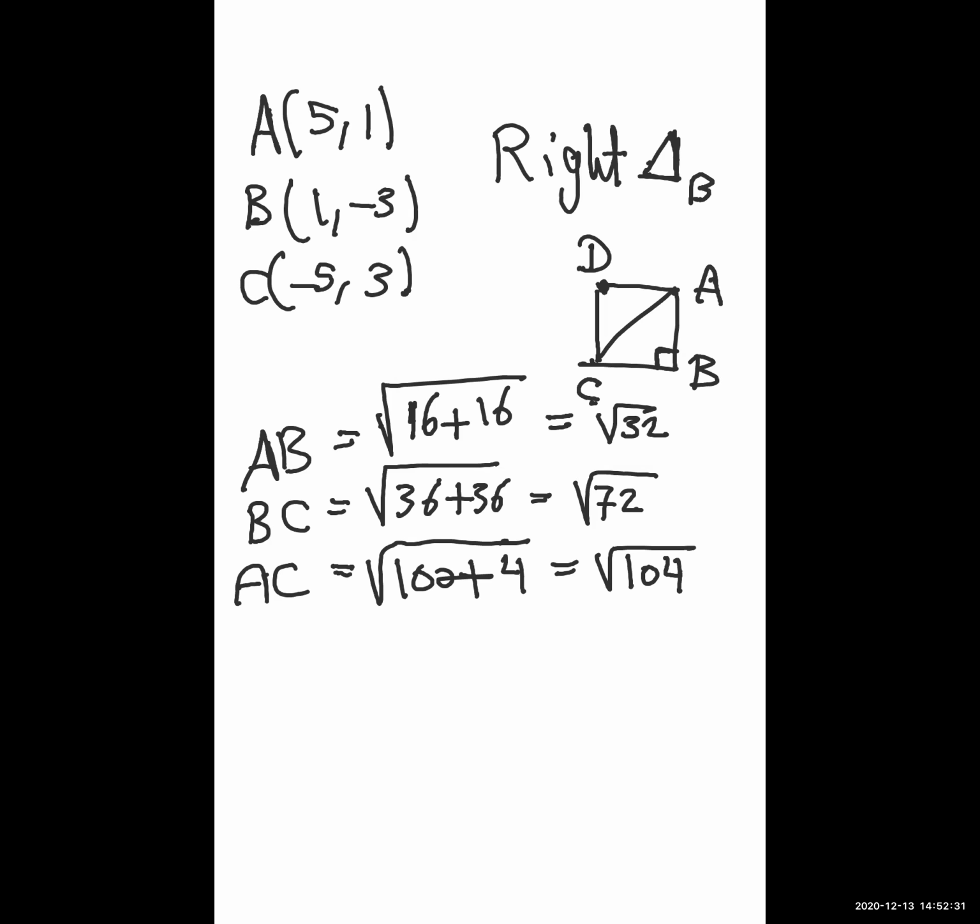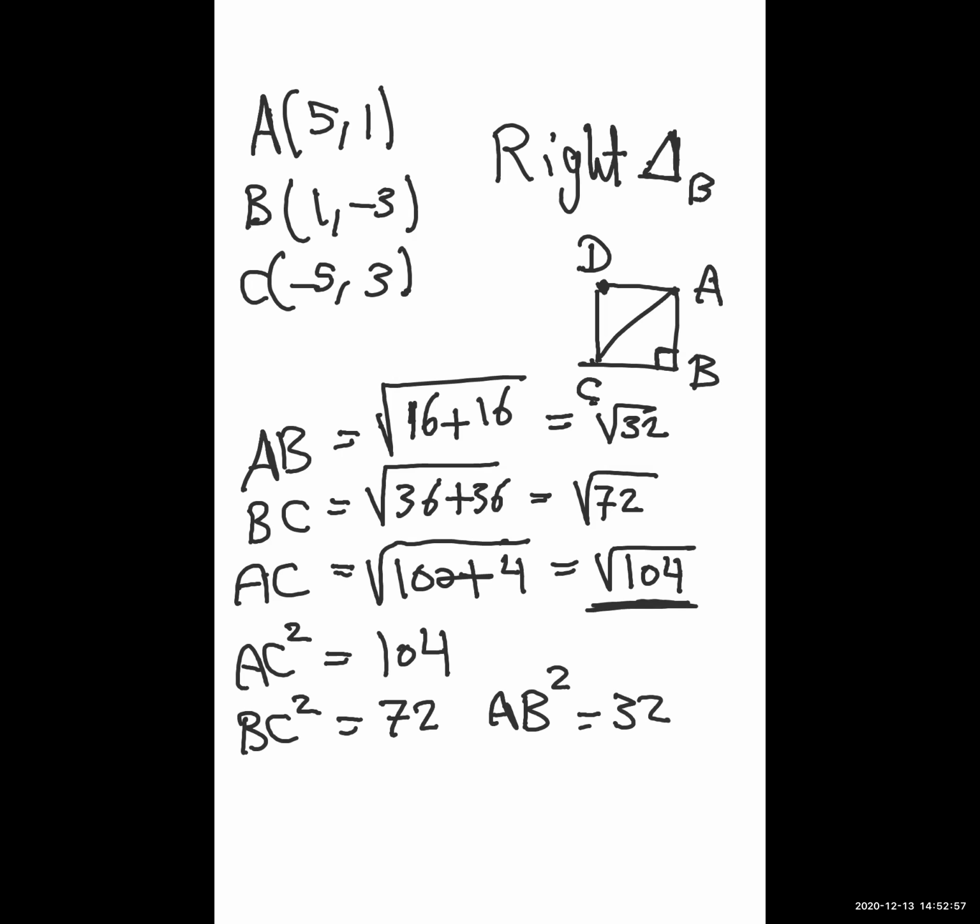Now, guys, AC squared, which is the hypotenuse, will equal 104. I just squared this value: the square root of 104 squared means 104. Then BC squared will equal 72, and AB squared will equal 32.